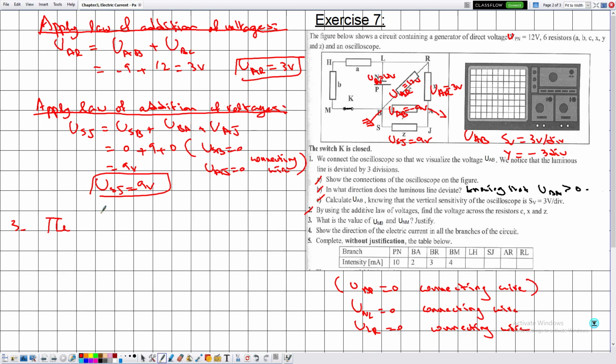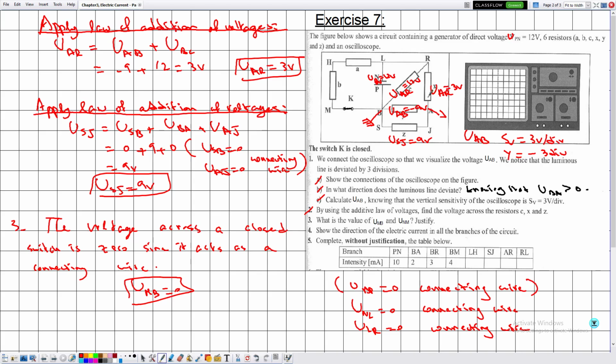So let me say the voltage across a closed switch is 0 since it acts as a connecting wire. So UMB is equal to 0.